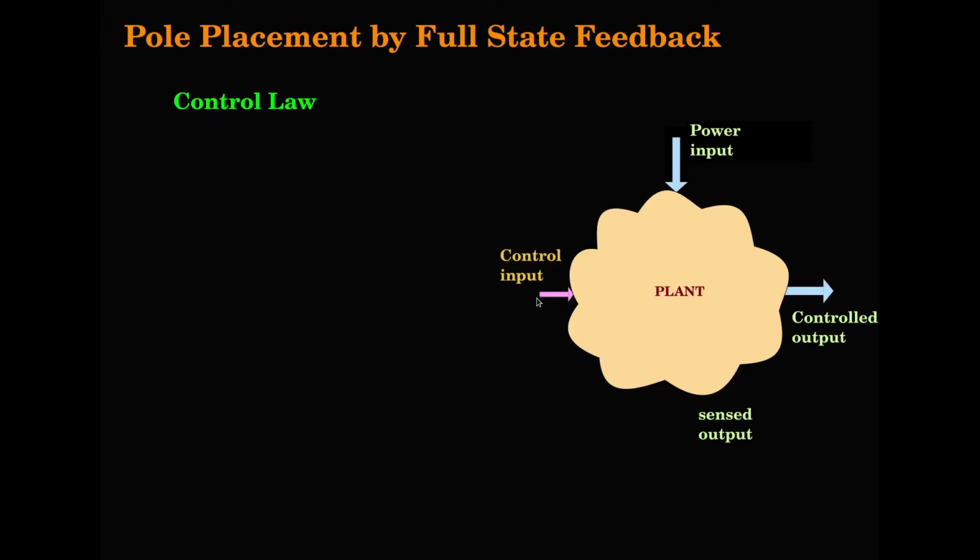So now let us say that this control input is dependent on the information residing in all the states of the plant, xk. Then you say it is a full state feedback law, as generally expressed in this fashion.